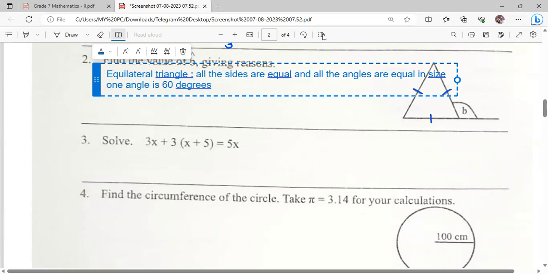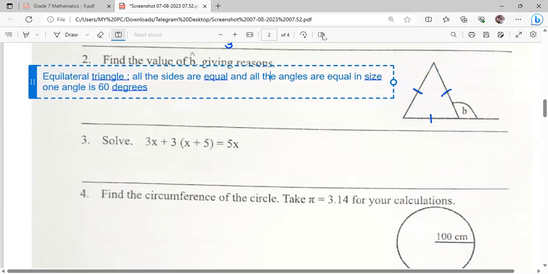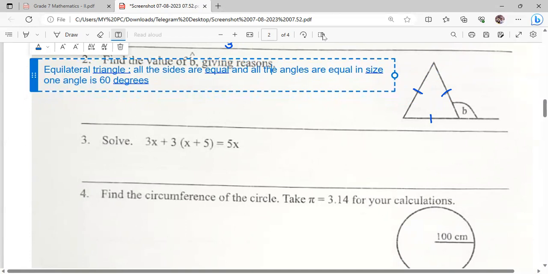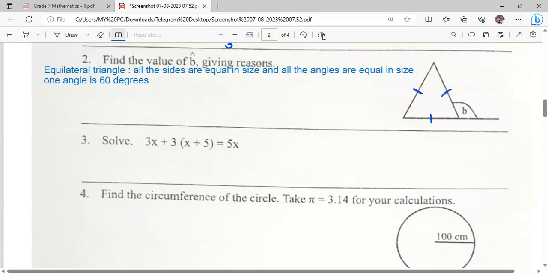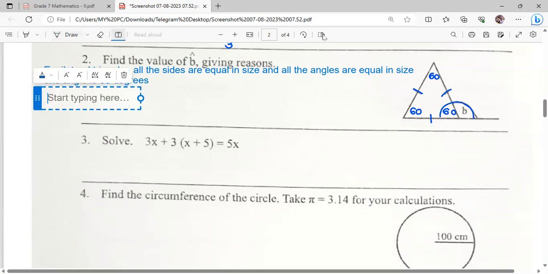For the equilateral triangle, we know that all the sides are equal and all the angles are equal in size, and one angle is 60 degrees, equal in size, right? So then this is the basic knowledge we should have. Now, if it is the 60 and 60 and 60, what can you say about these two angles?